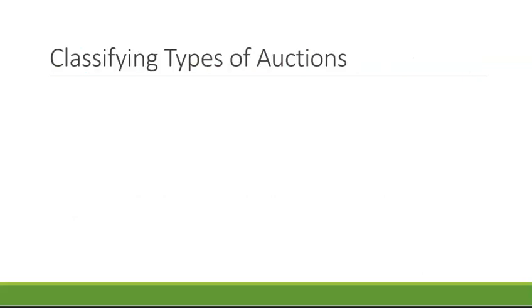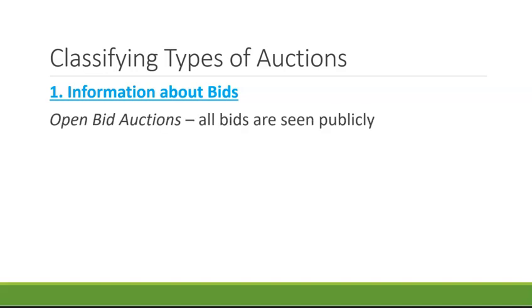Well, there are many different kinds of auctions, so let's just run through some of the basic terminology. We can classify auctions depending on the nature of the bids. So if everybody is bidding openly and publicly so that other participants in the auction can see what the bids are, we call that an open bid auction.